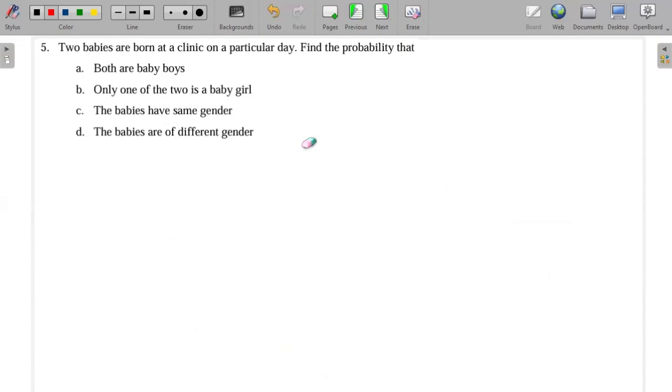And then based on the sample space, we can tell the probability that both of the babies are actually boys. If you want, you can draw a tree diagram to show it, but I'm just going to say it can be in this way.